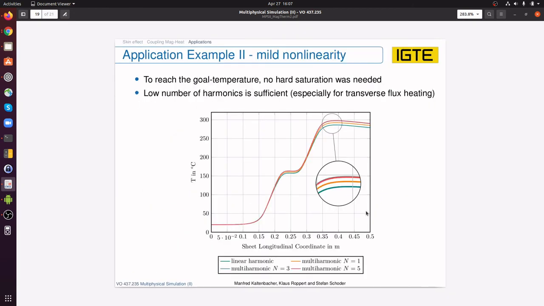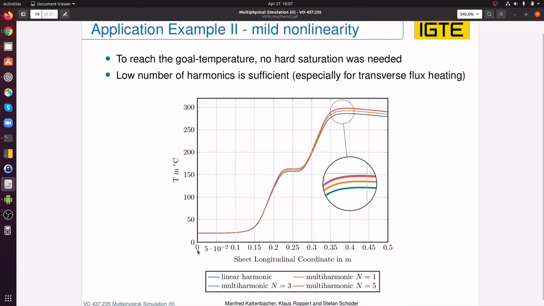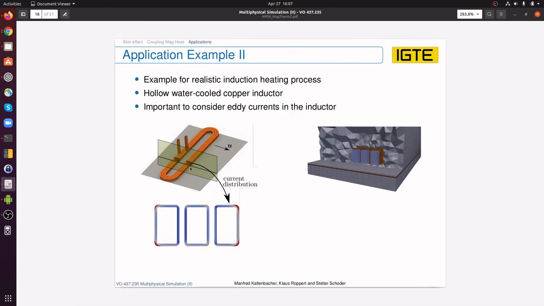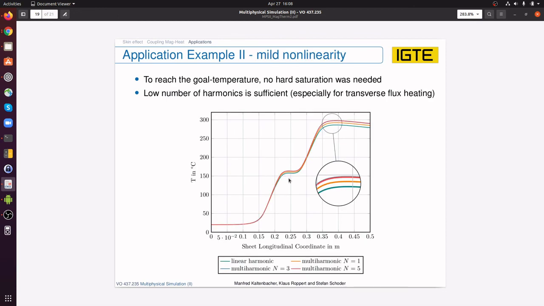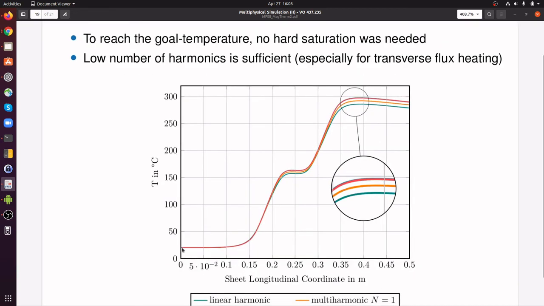So the x-coordinate is the sheet longitudinal coordinate, the coordinate in the moving direction of the sheet. We enter with 20 degrees centigrade. Then there come the first three passes of the inductor, heating it up to, I don't know, 150, 160, and then the second pass, heating it up to the final temperature.